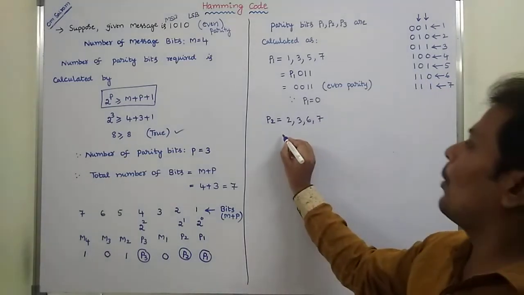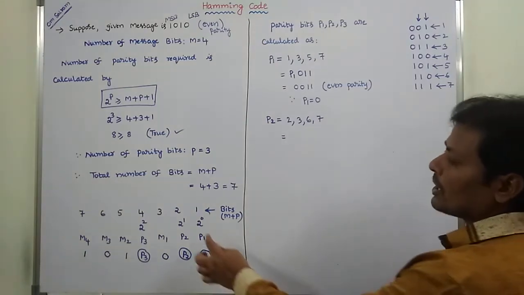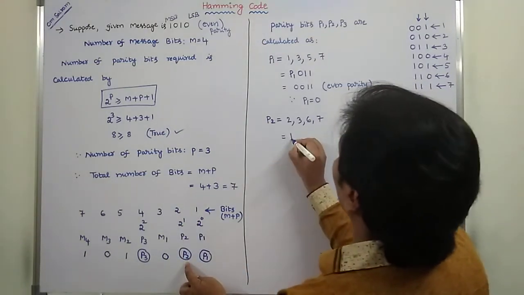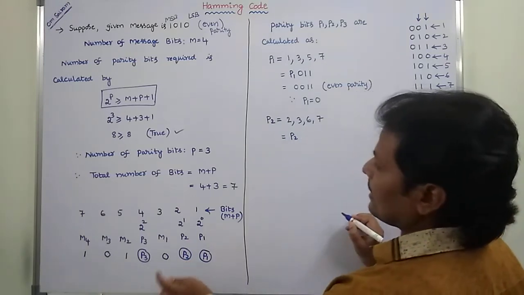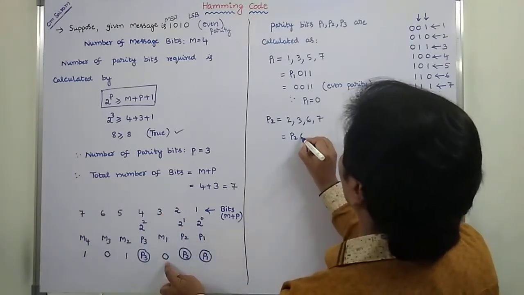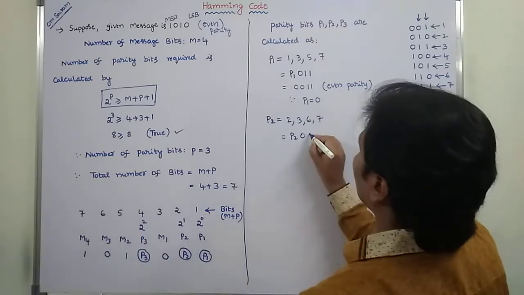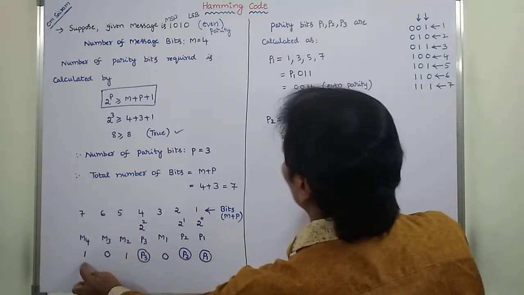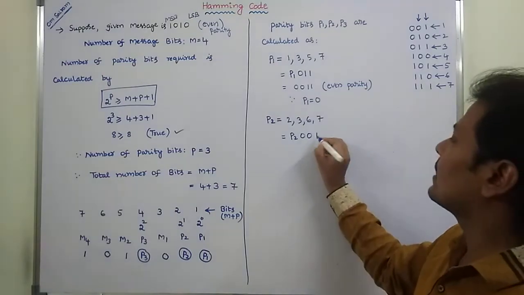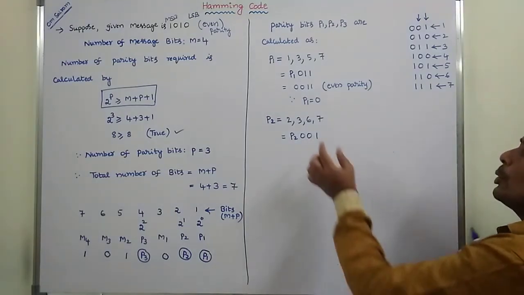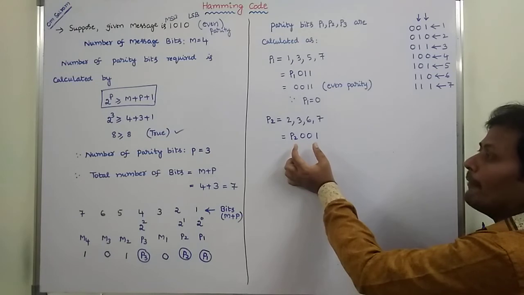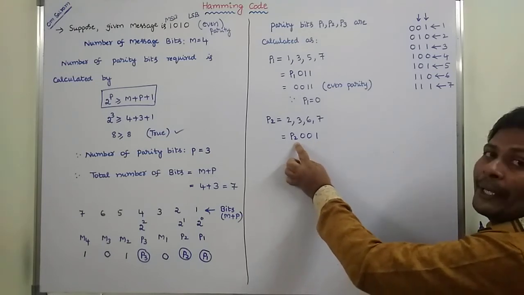In the second position, what is the value? That is P2. In the third position, 0. In the sixth position, 0. In the seventh position, 1.